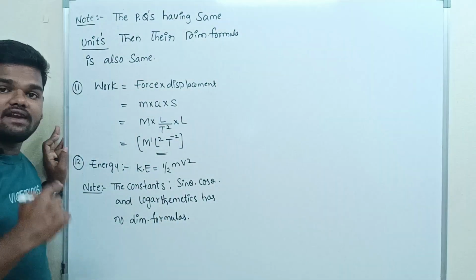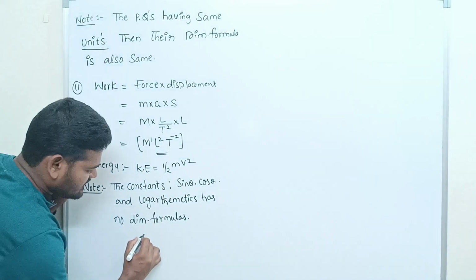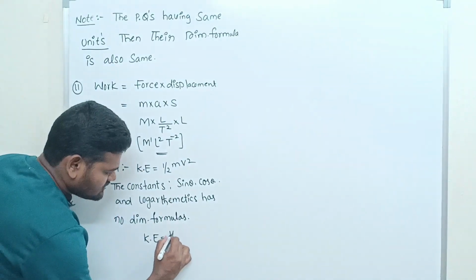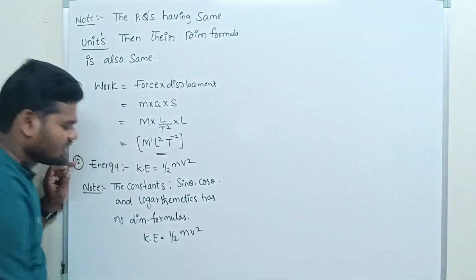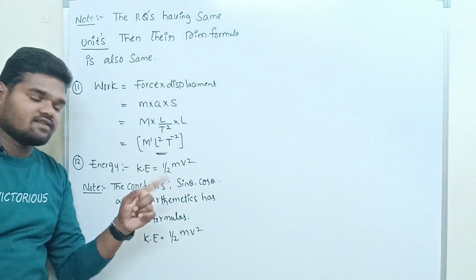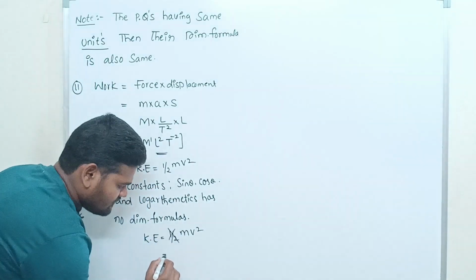Constants do not have any dimensional formulas. So now what is kinetic energy? Kinetic energy is equal to half mv square. Constants have no dimensional formula.